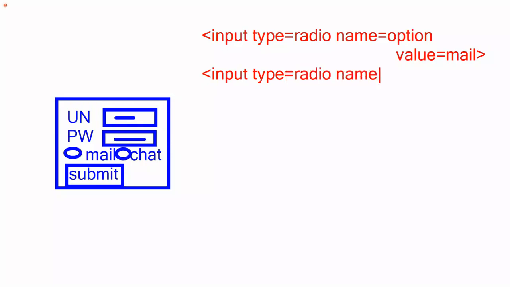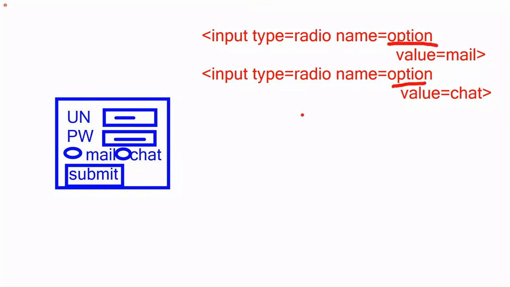Then another input type equal to radio, name equal to option, value equal to chat. Like this. You observe, for both the radio buttons, the same name I have written.